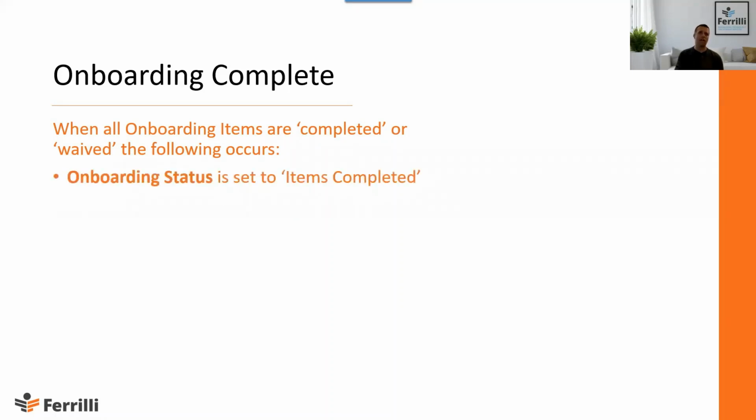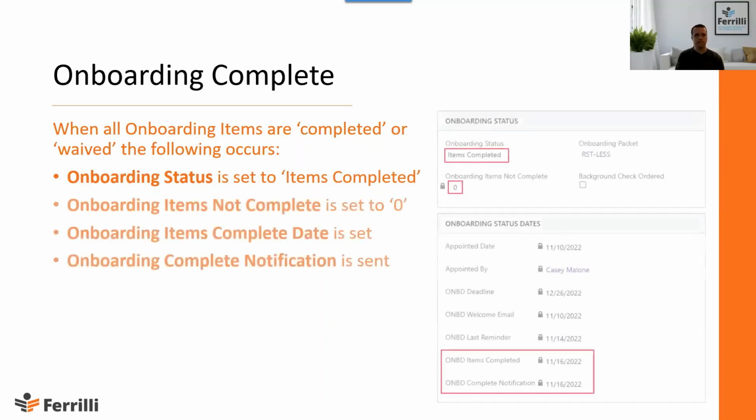The onboarding status is going to get set to items complete. As we started the process, it was set to pending. That's how we know they are still actively involved in that process. But once everything's done, we're going to set that to items complete.